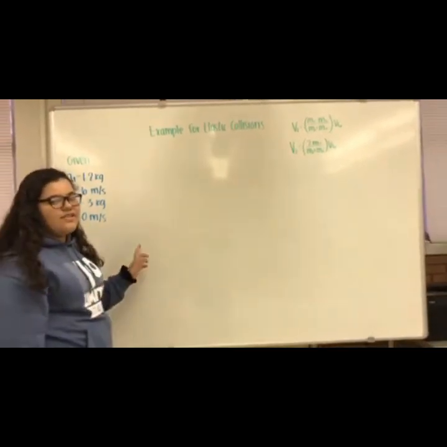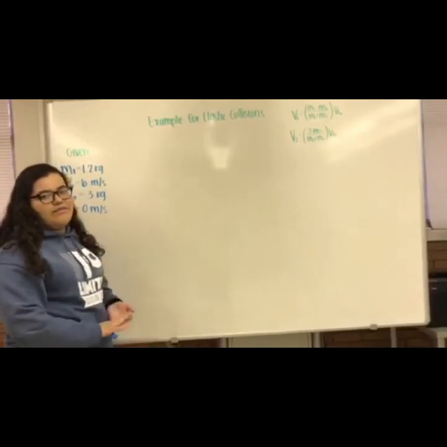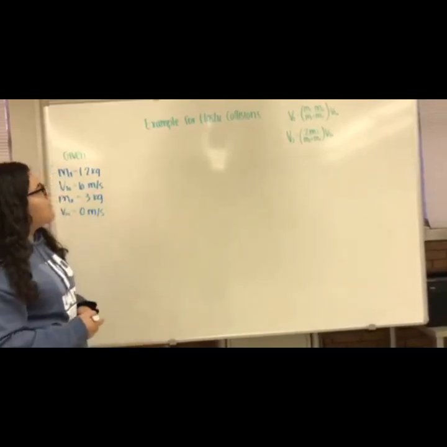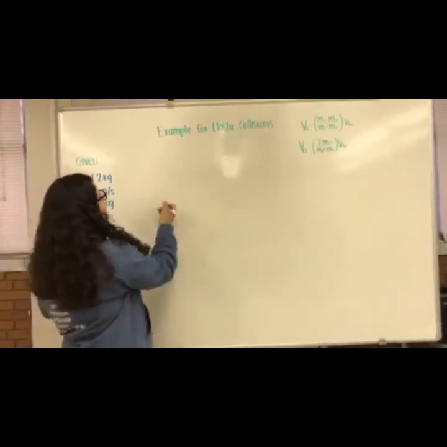Like she said, the second mass is stationary, which means it doesn't have any velocity, so it's 0 meters per second. We're going to find v1 and v2 with those formulas.